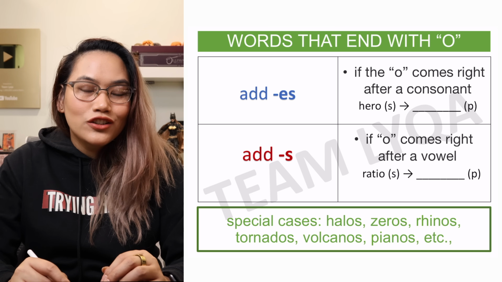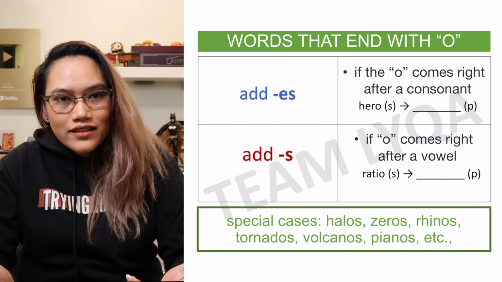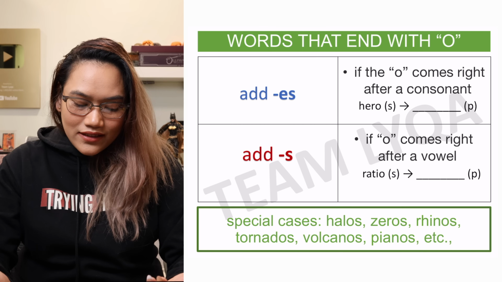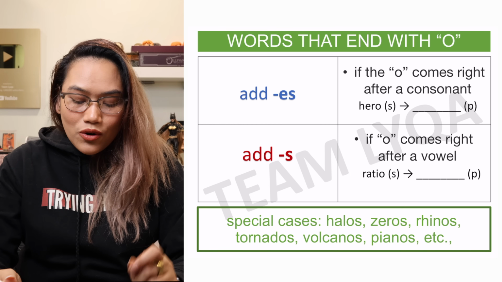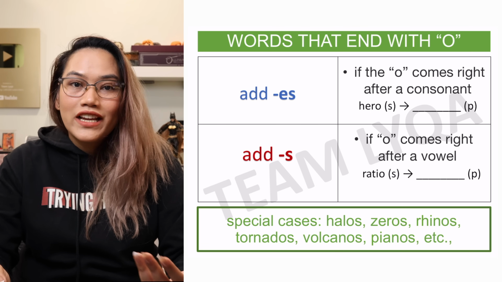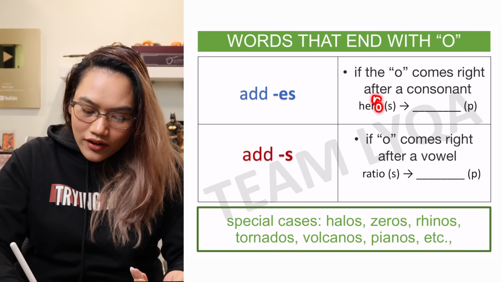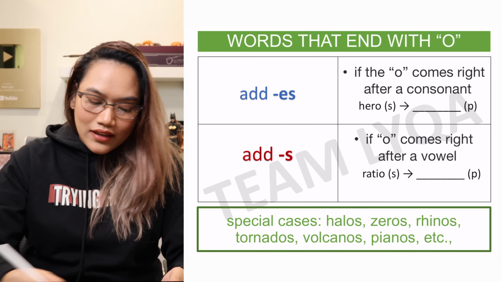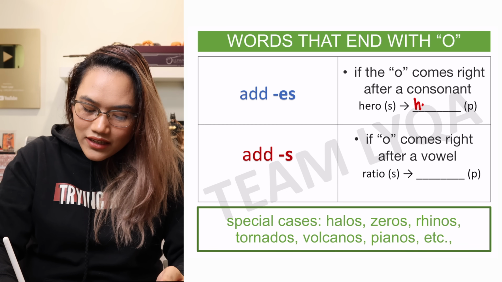Okay? Now, we also need to talk about words that end with an O. There are times that you add an ES. There are times that you just add an S. Now, how do we know which is which? We add an ES if the O comes right after a consonant. For example, the word hero, where we have the O following an R, a consonant. Kaya, ang gagawin natin is to add ES.